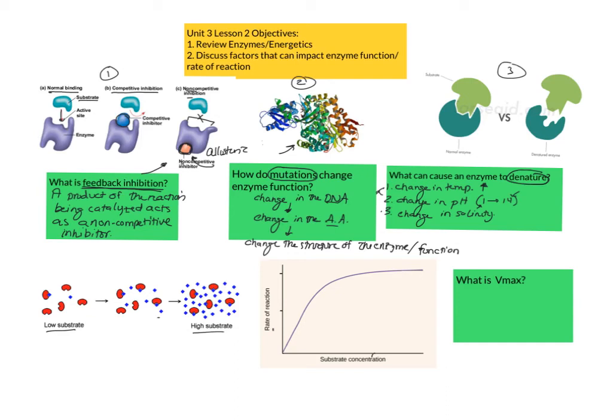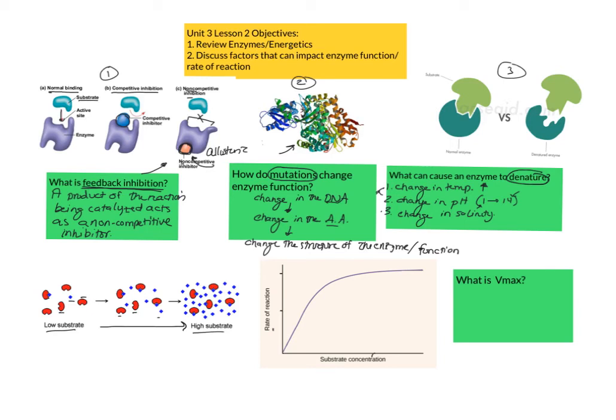In this diagram, we have enzymes, which are these red structures, and substrate, which are the blue structures. Now, if you increase the amount of substrate, it makes sense that you're going to increase the rate of the reaction, because there's more substrate that can be attaching to these active sites and going through the reaction, so you can expect a higher rate of reaction.